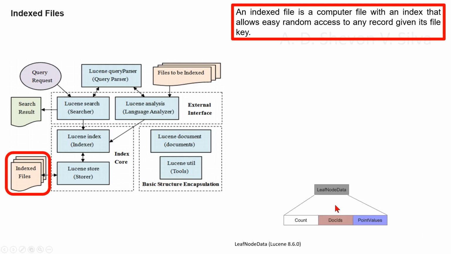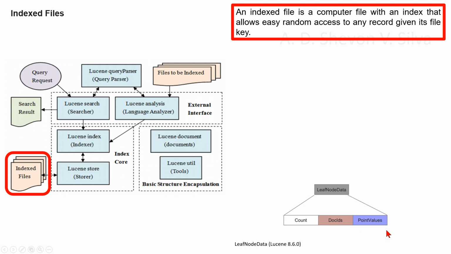Here you can see a leaf node data. The count describes the number of points in the leaf node data. Doc IDs describe the set of document IDs which the points in a leaf node data belong to.